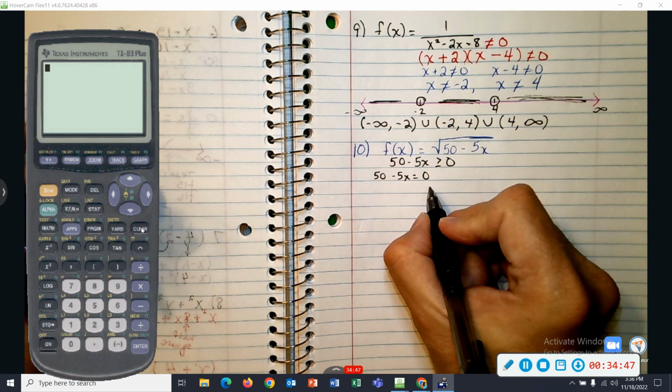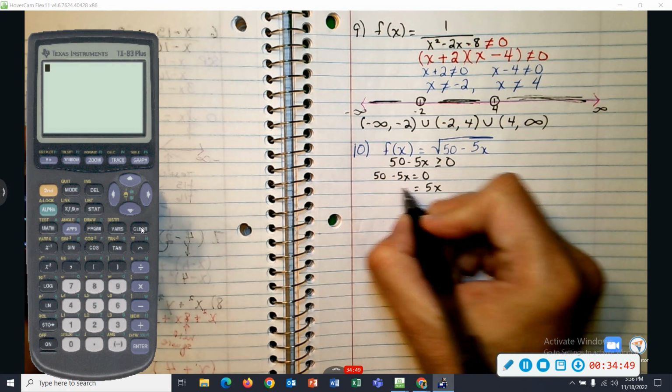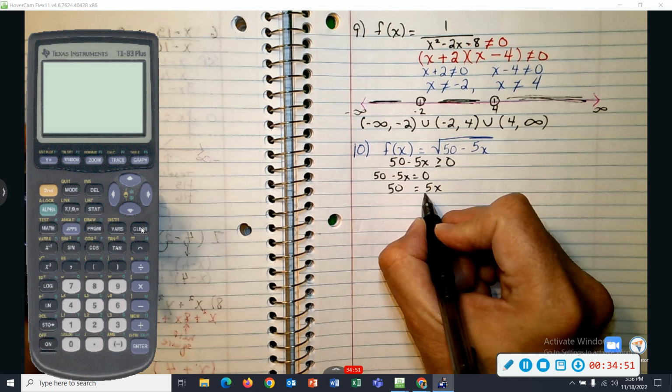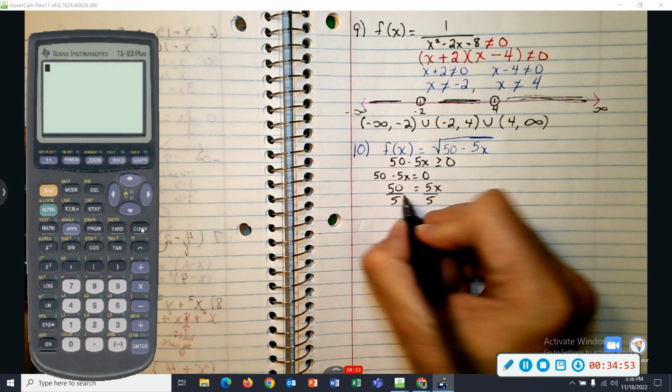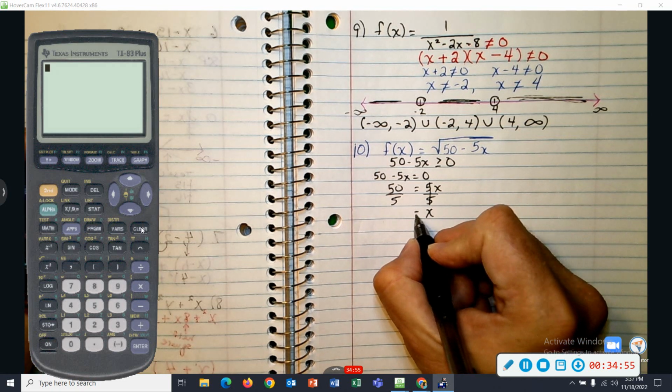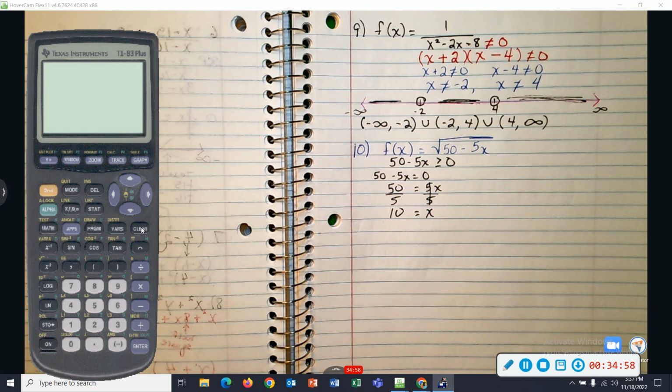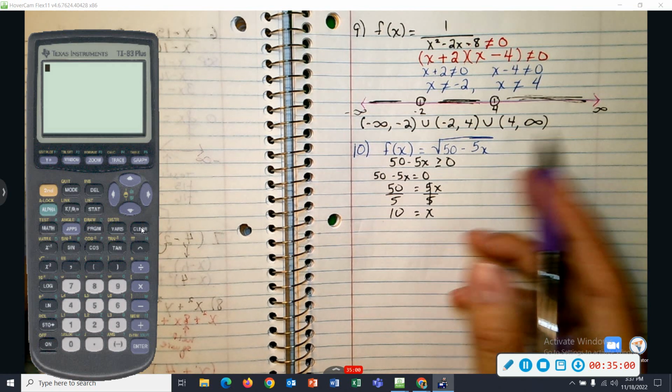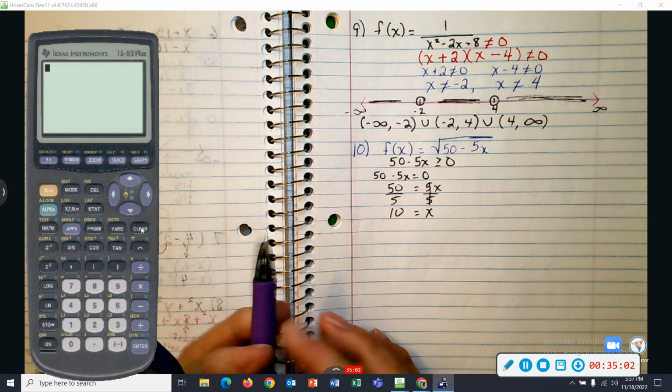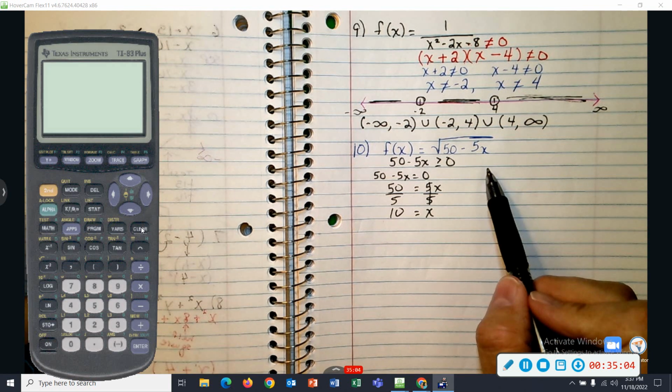I think I'll move the 5x over. And then divide by 5. That's the fastest way to isolate x. Now there's no denominator cut points. There's just no denominators here.